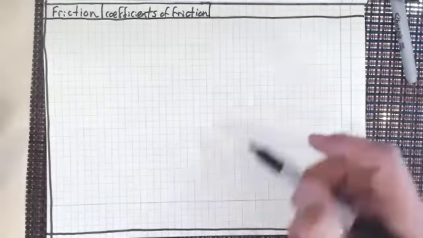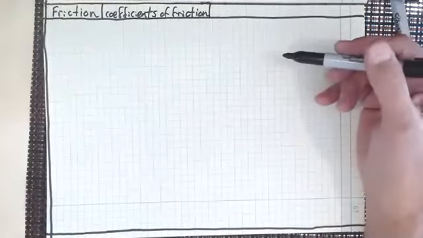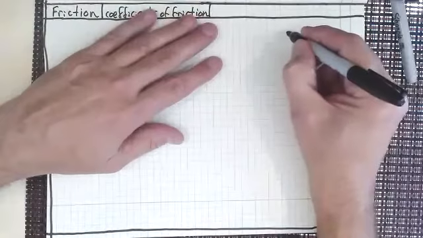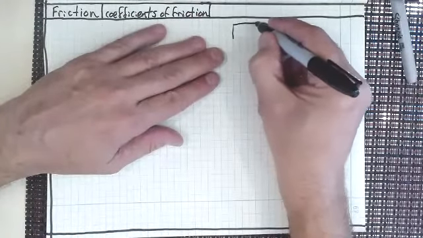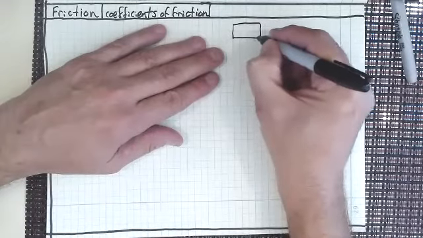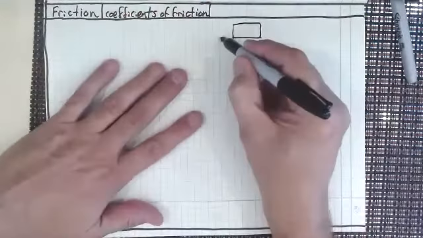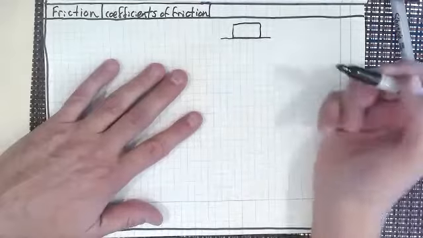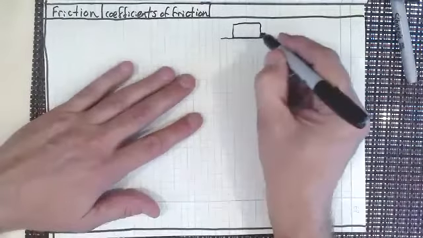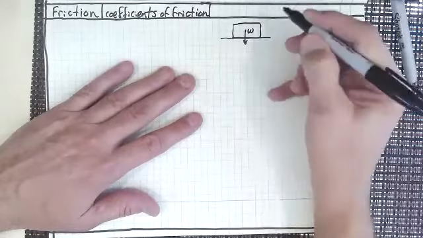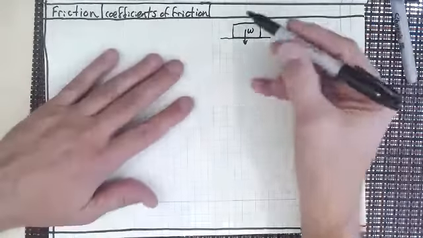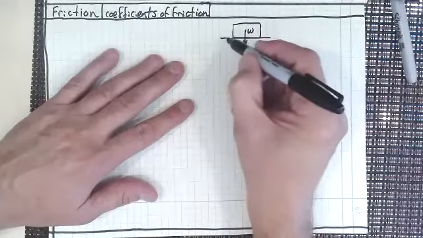But first I want to introduce what friction is. When you think of friction in the most elemental form, I've got some type of rigid body on top of a plane of some kind. That body is producing a weight force on it, if we're talking about bodies at the surface of the Earth.